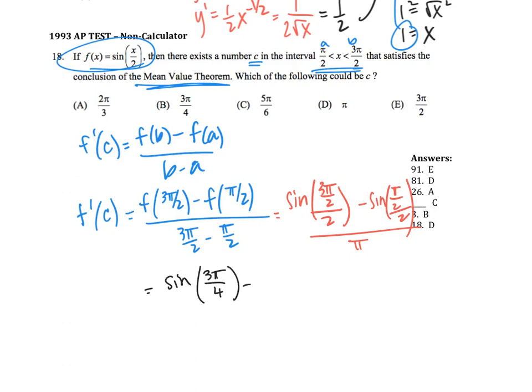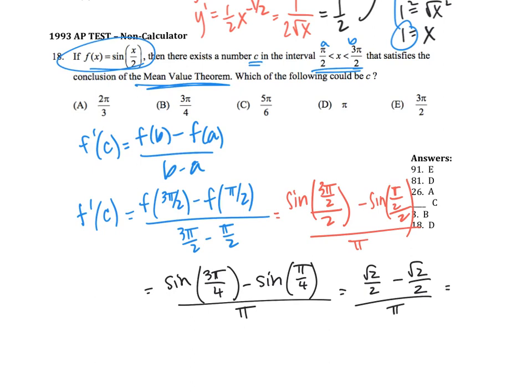Pi over 2 divided by 2 is pi over 4. And think about your unit circle. The sine at 3/4 of a pi is root 2 over 2. The sine at 1/4 of a pi is also root 2 over 2. Root 2 over 2 minus root 2 over 2, over pi, will get me 0.